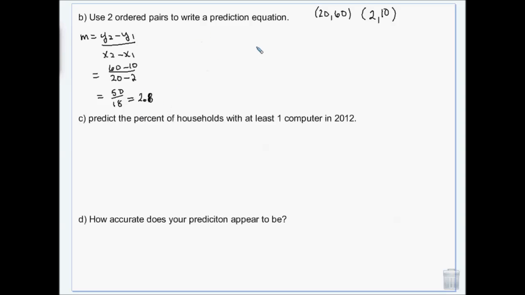Then I'm going to use my slope and one of these points, and I'm just going to use the smaller point because it's nicer. And I'm going to plug that into y equals mx plus b. So I have 10 is equal to 2.8 times 2 plus b. So 10 is equal to 5.6 plus b. And I'll subtract 5.6 from both sides. And I'll get 4.4 is equal to b.